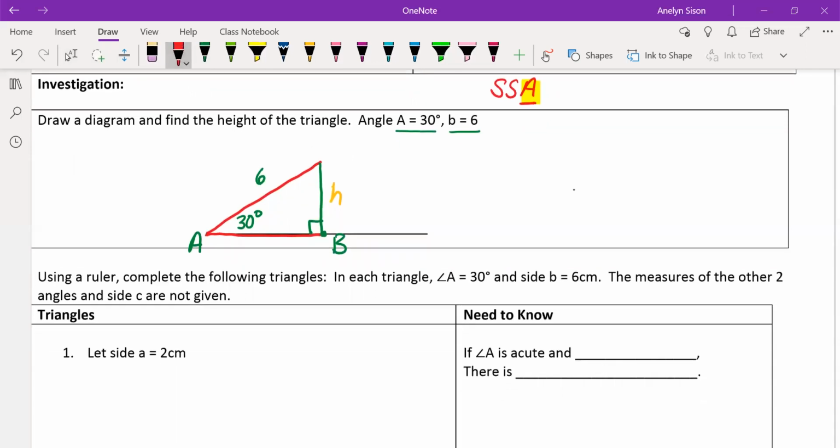So let's see. Sine of 30 degrees is equal to the opposite side over the hypotenuse, 6. So H then is equal to 6 times sine 30 degrees. And H is equal to, what is that equal to?